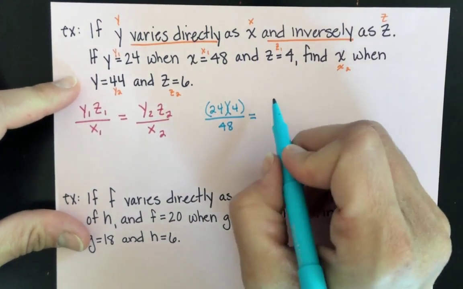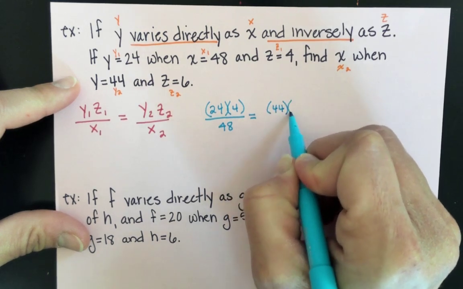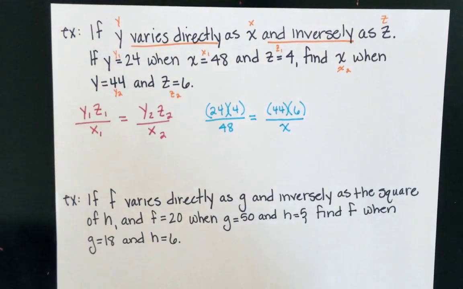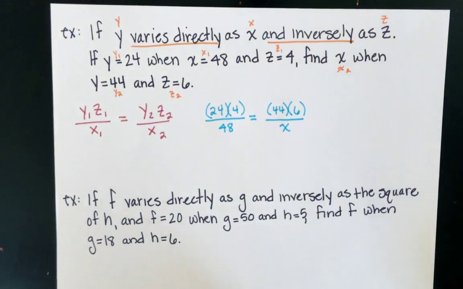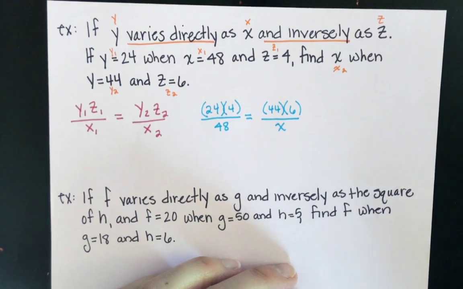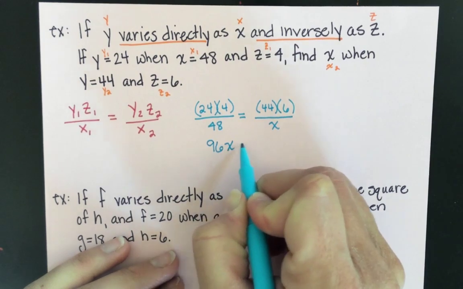And plugging everything in, we have our proportion. So I guess one of the reasons I had this problem still on here was specifically just to prove that these are pretty quick if you have everything you need and the steps in front of you.